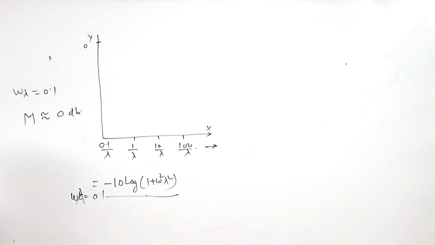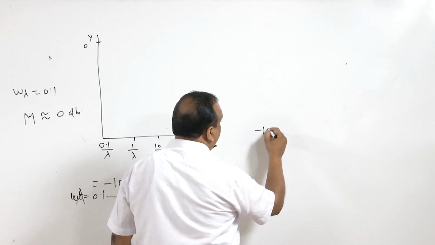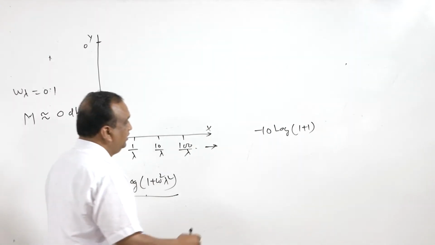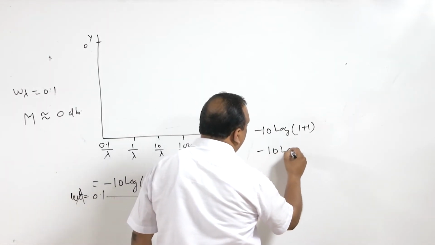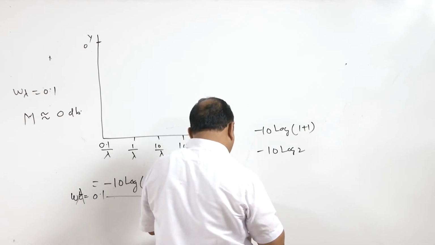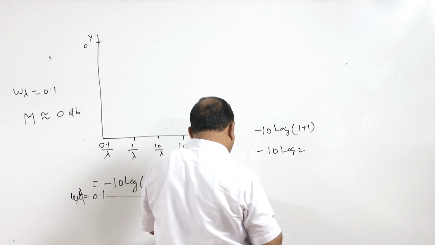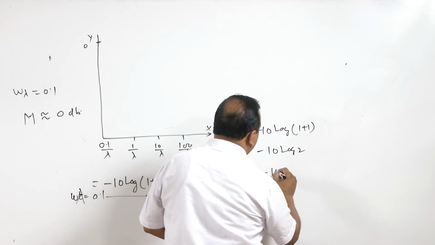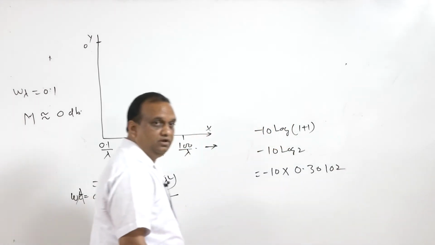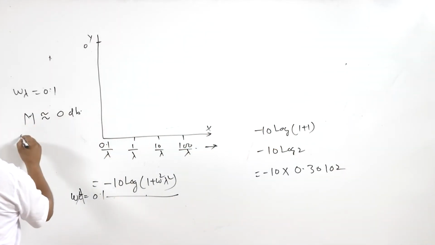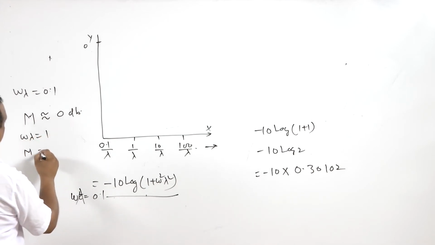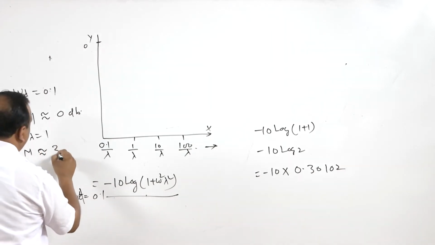The moment we take omega lambda as 1, it becomes minus 10 log 1 plus 1, and this is going to be minus 10 log 2, and log 2 is 0.30102, so minus 10 into 0.30102. When omega lambda is equal to 1, then the decibel value of m is going to be approximately minus 3 decibels.